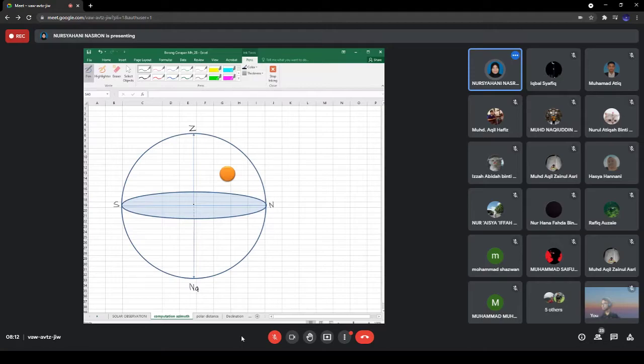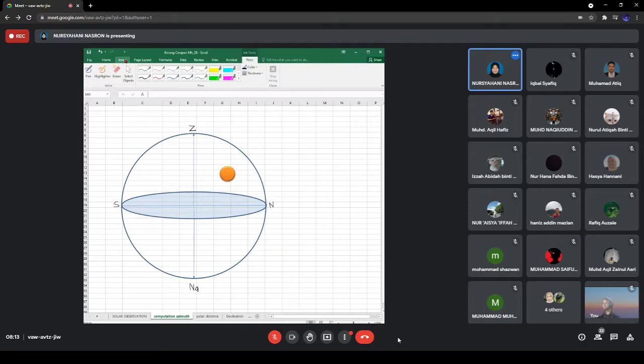Now we combine the origins and make them one, applying the mathematical rules, sudut-sudut bersamaan yang saya dah tunjukkan sebelum ni. So I put NCP and SCP. How do we locate NCP and SCP on the celestial sphere?